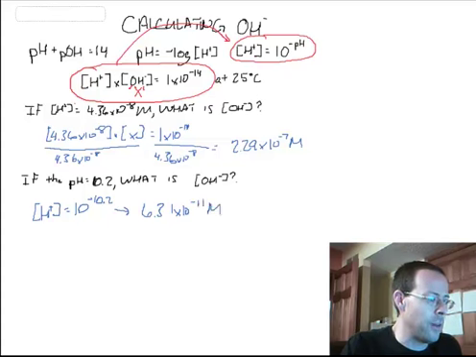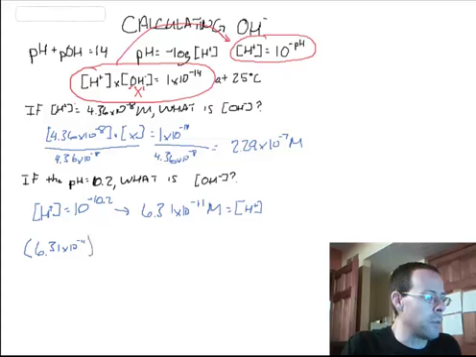Alright, and that is molarity. And this, again, is hydrogen ion concentration. So my next equation is, because I know this, I can just substitute 6.31 times 10 to the negative 11th, and I'm going to multiply this by x, and that always equals 1 times 10 to the negative 14th.